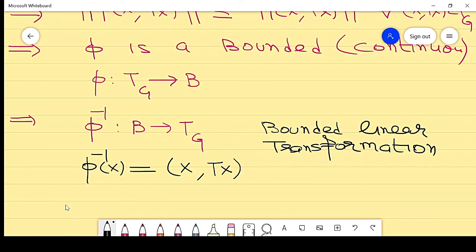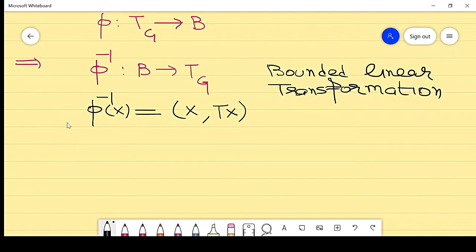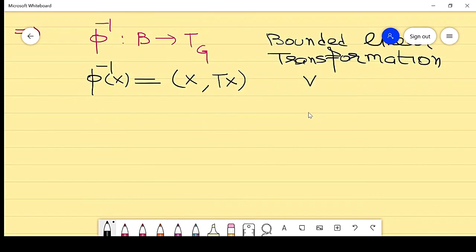So phi inverse x is equal to (x, Tx) for every x belongs to B. So this is a bounded linear transformation. So remember that.